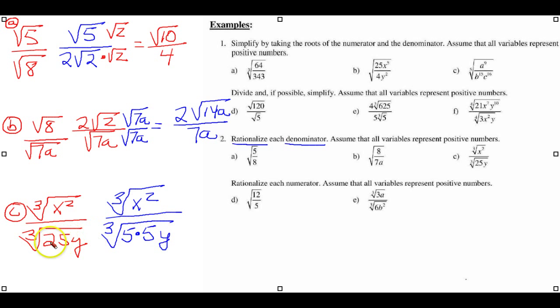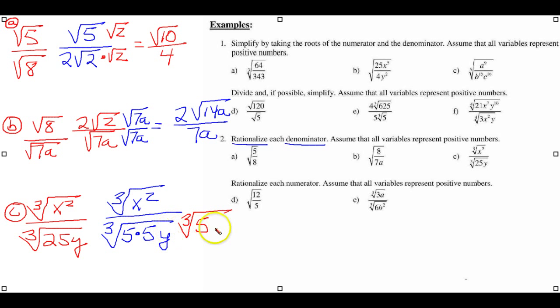Now I separated the 25 to let you know that you just need another 5 there. So the bottom will be the cube root of another 5. That will give you 5 to the third, which is 125, a perfect cube.